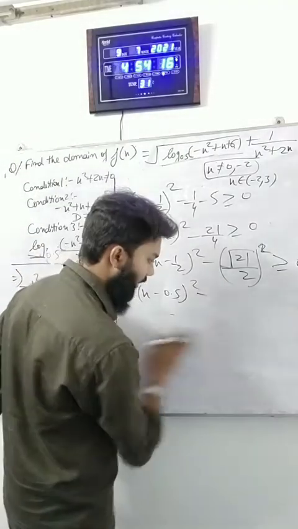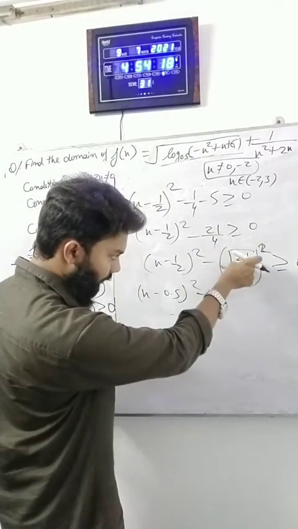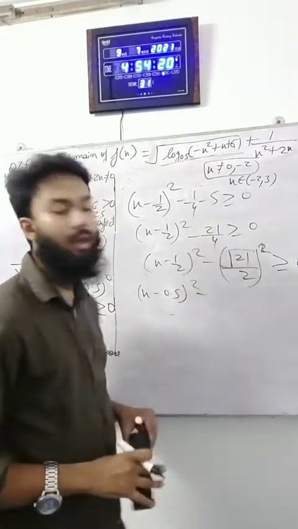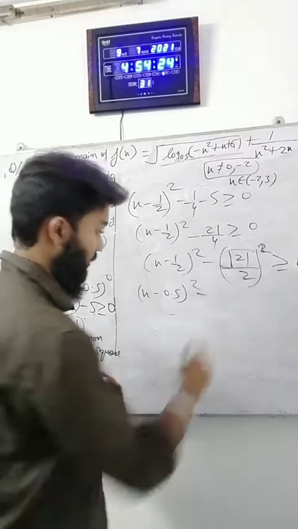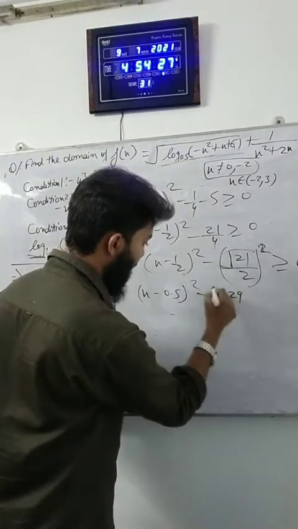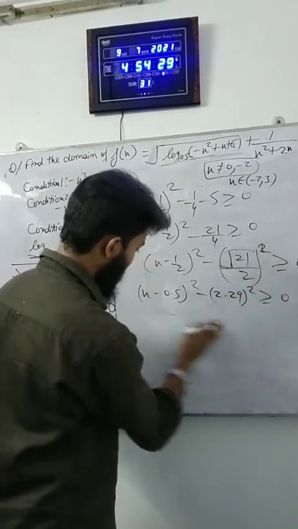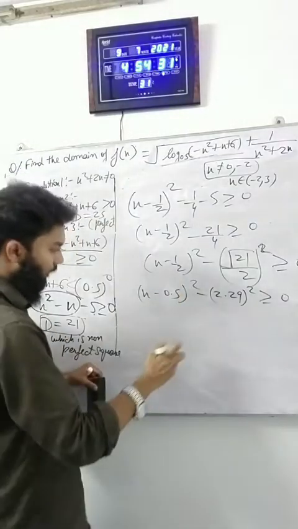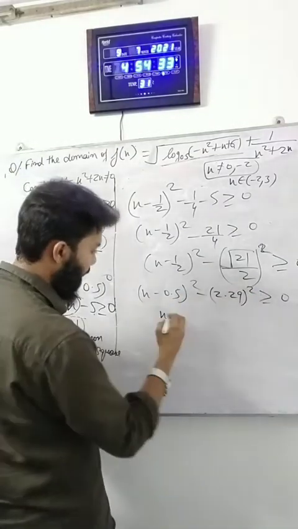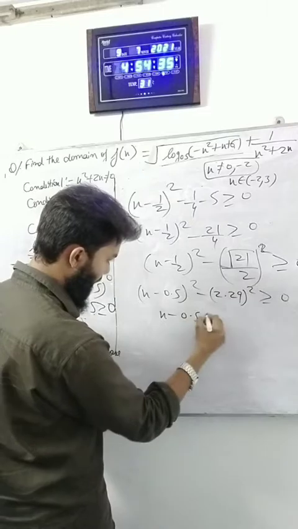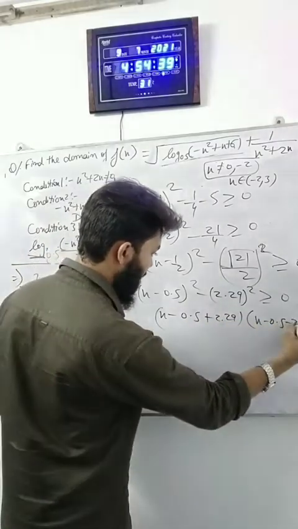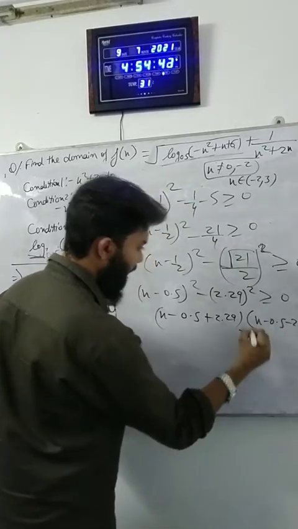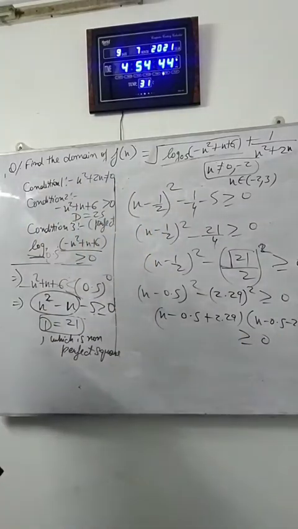Okay, so 4.58 divided by 2 becomes 2.29, right? 2.29 whole raised to the power 2. So this will become a square minus b square, which means (a plus b)(a minus b) is greater than or equal to 0.